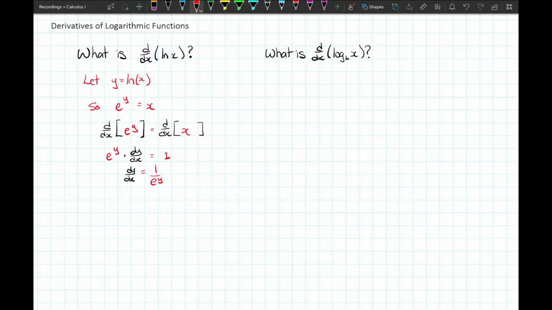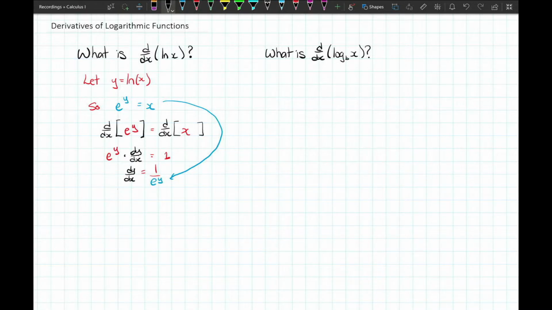Now, we have this issue here that once we've done some manipulation and changed the function to e to the y, we end up with e to the y in our final answer. But the good news is, since y is equal to the natural logarithm of x, e to the y is equal to x, and we can plug that in to our derivative.